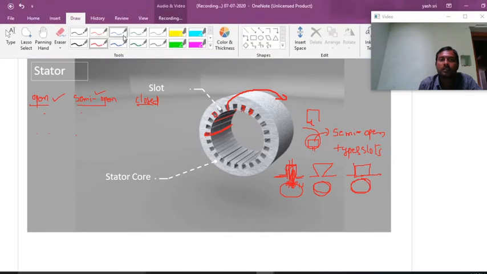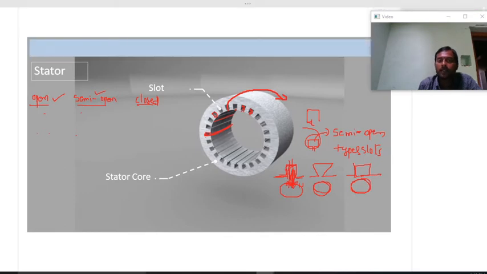So I will take another pen, so you can see easily. This much of gap is available between a rotor and stator. So we know one basic thing: if the air gap between any two contacts of conducting material increases, then the current drawn from the source will increase to produce the required flux in the air gap.